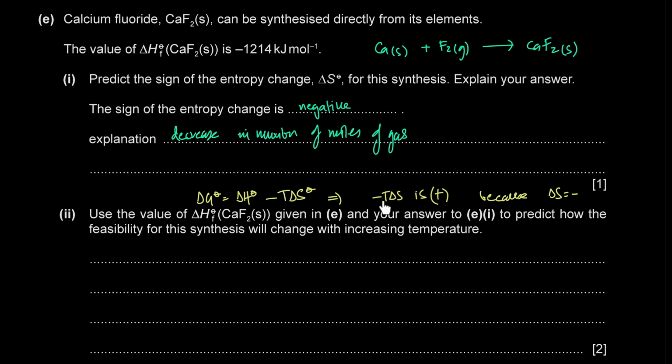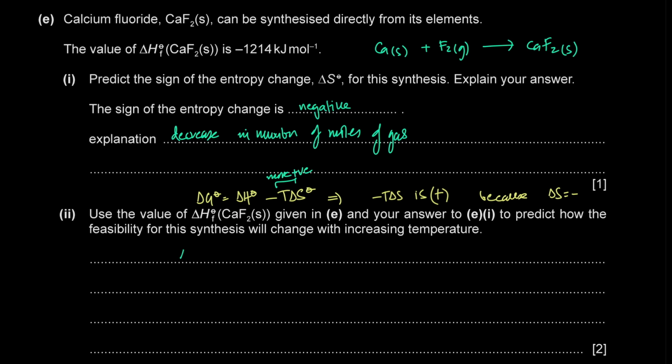So higher temperature means this term becomes more positive as temperature increases, which means that delta G becomes more positive or less negative as temperature increases, which means that the feasibility decreases. More positive delta G means less feasible. Okay, the process is less feasible.